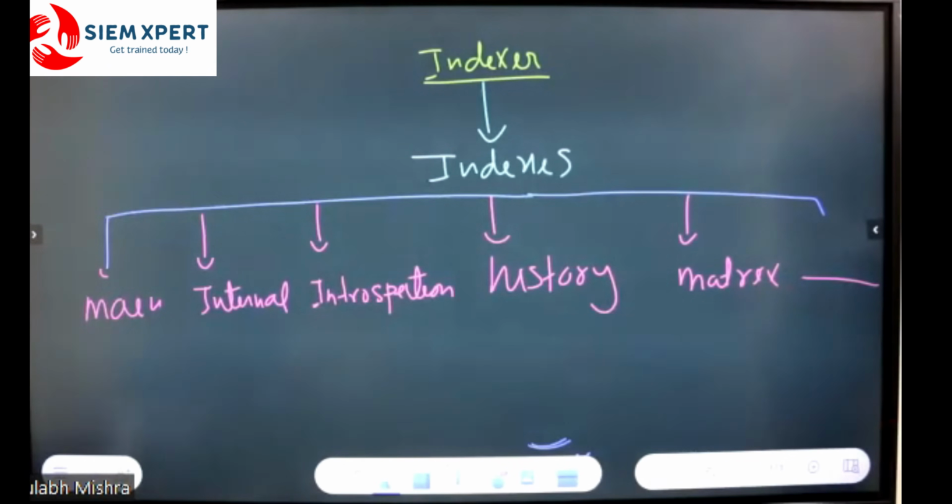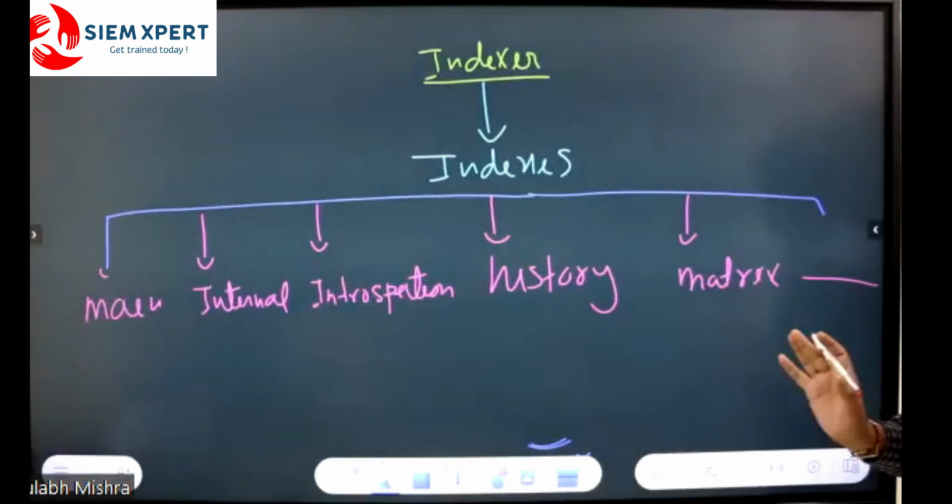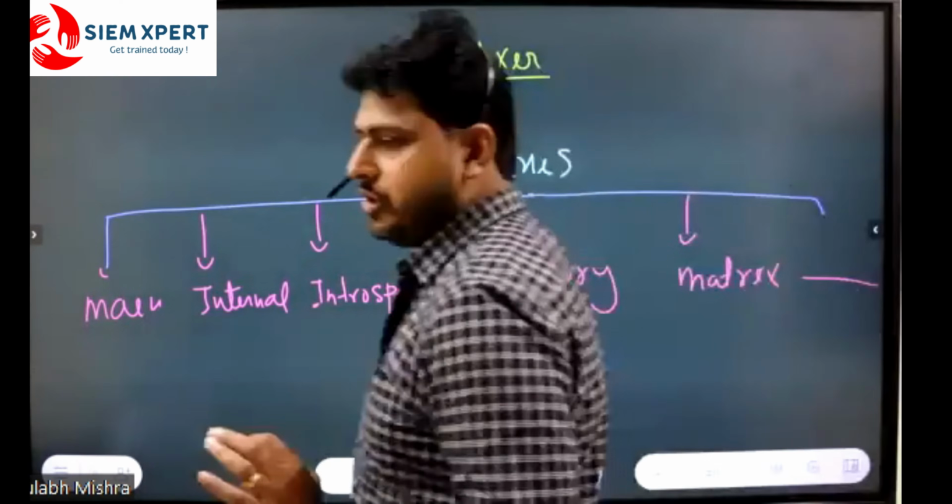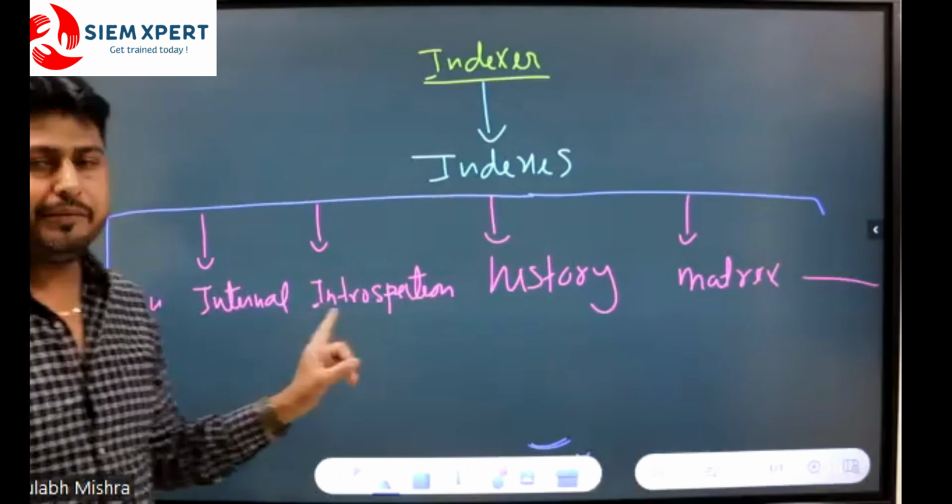You will find this in the documentation, but there are a total of 11 indexes by default once you install Splunk.